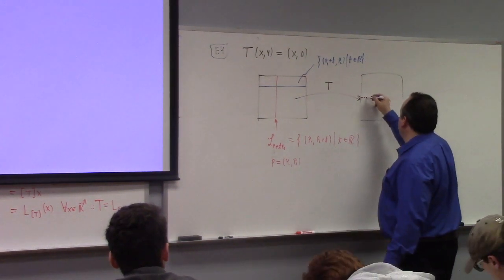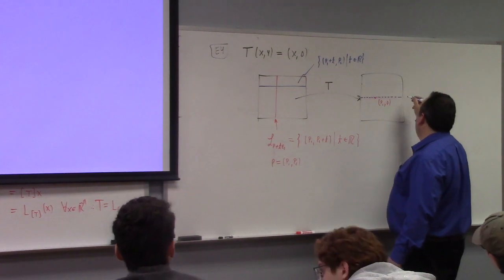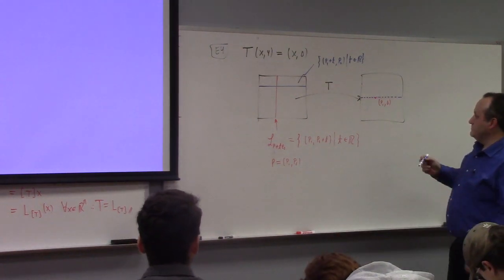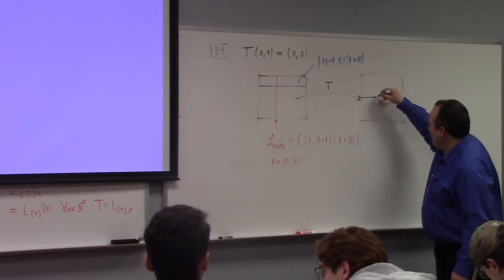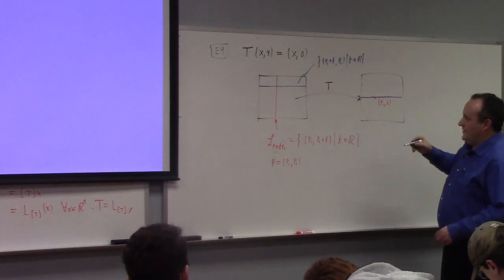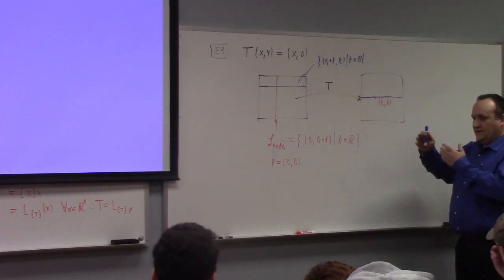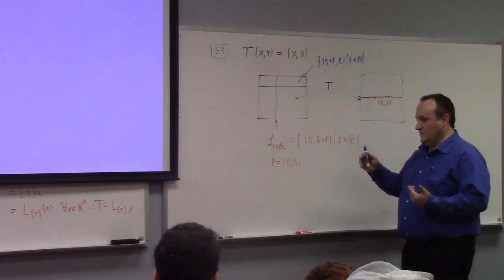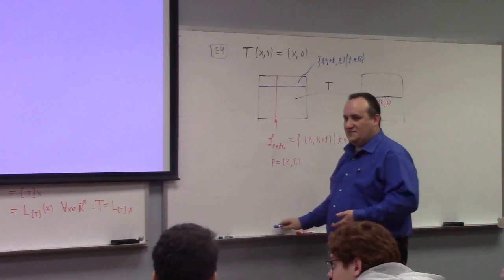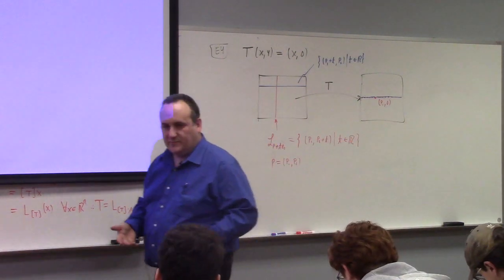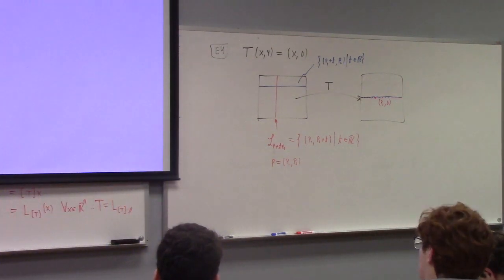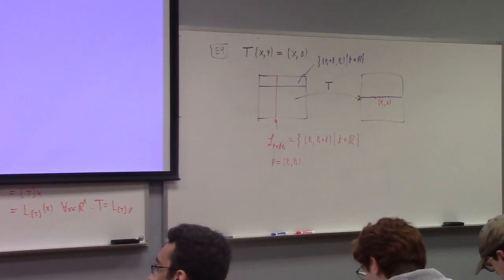It gets projected down to here. And if you had a slanted line, everything gets projected down to the x-axis by this projection. It's kind of boring in that sense.